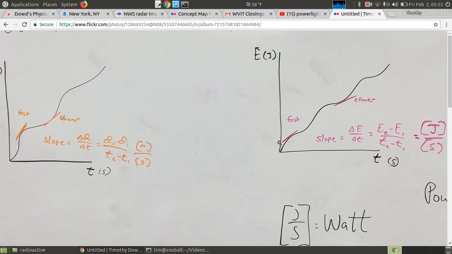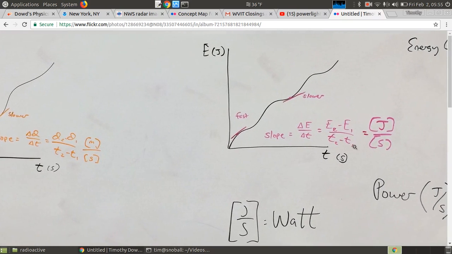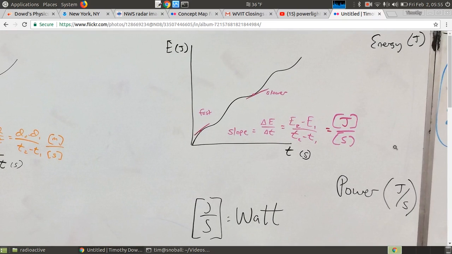If we have an energy versus time graph, where you have a steep slope, that's when energy is being used faster. A shallow slope, that's where energy is being used slower. So power is just the change in energy over the change in time. It would be much easier to remember it as the speed of energy if we just called it the joules per second, just like we called the speed of distance meters per second.